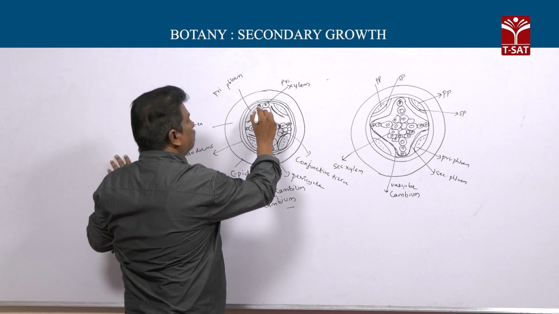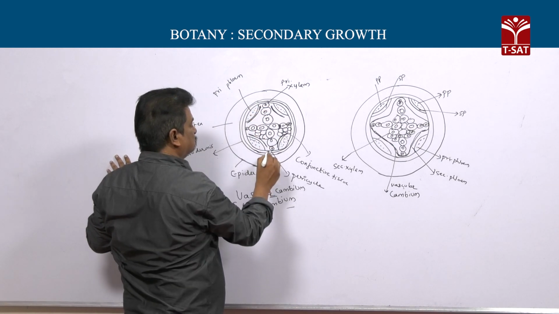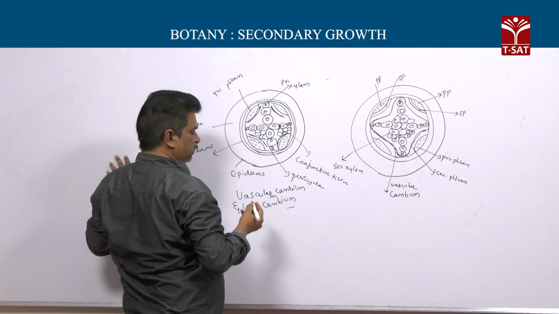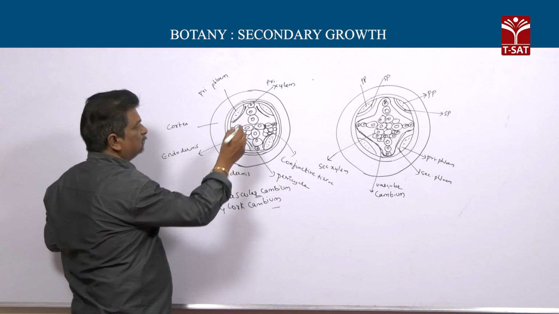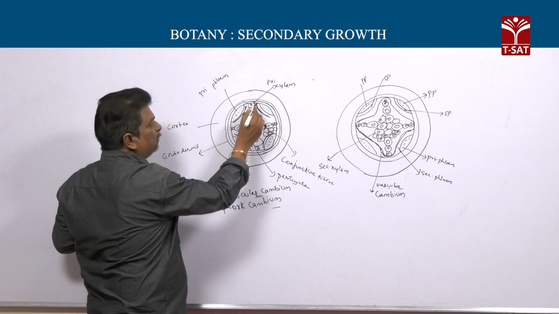Later, the pericycle also undergoes dedifferentiation and produces cambial strips.